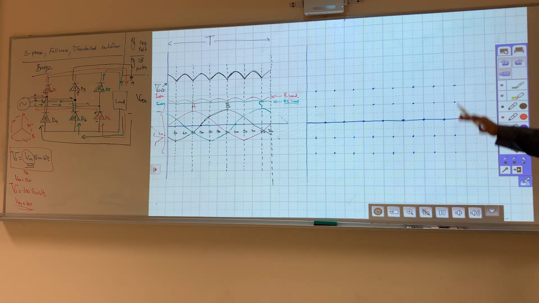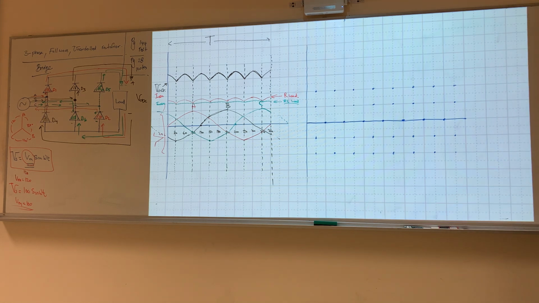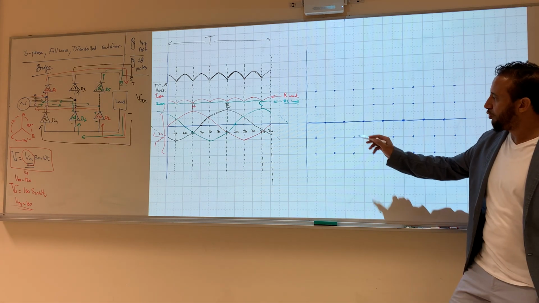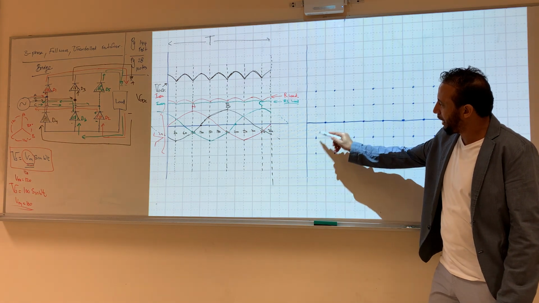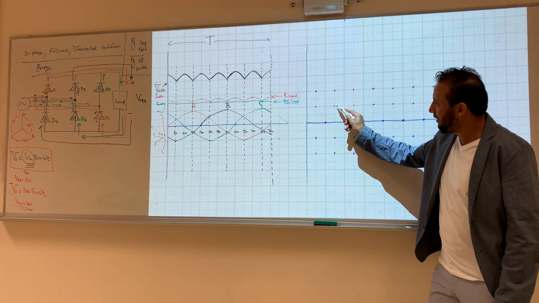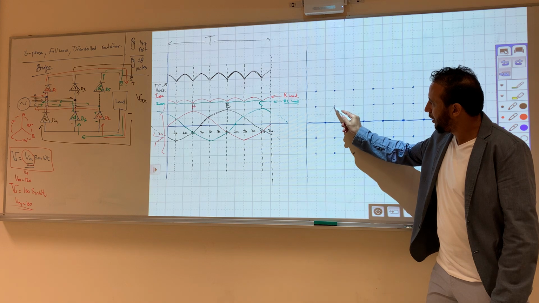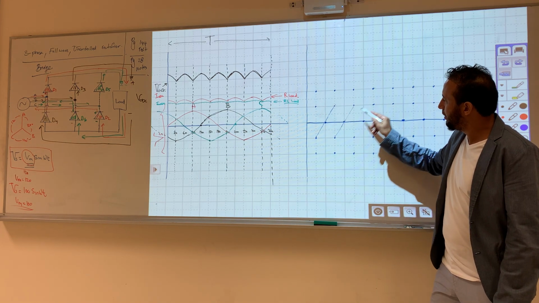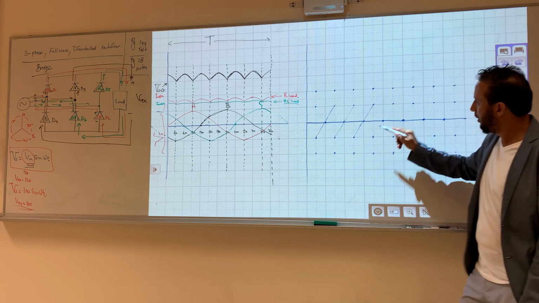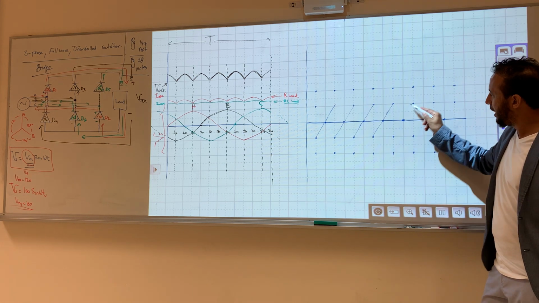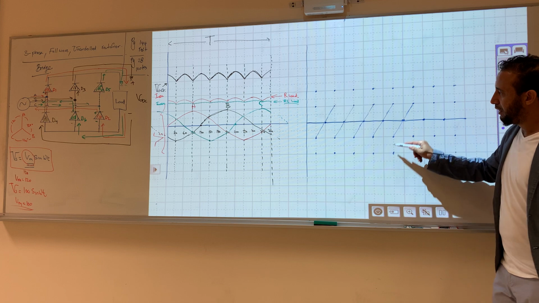Now what you need to do to draw the bridge is go diagonal. So I'm going to draw a diagonal line to connect those 3 dots. So here. Diagonal lines to connect the 3 dots.